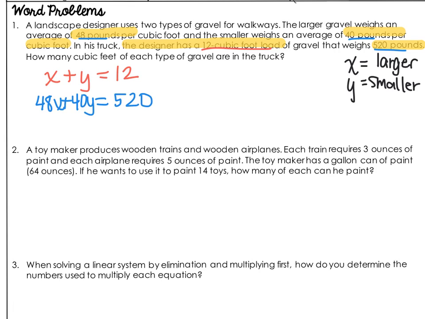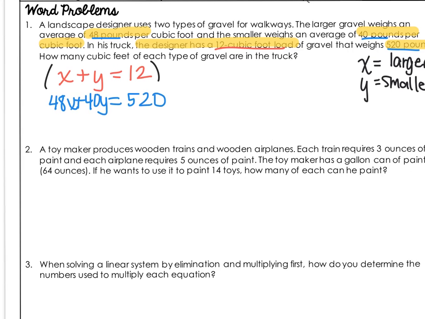Okay, so I can't eliminate unless I do some multiplying. So I'm going to choose to multiply the first equation by whatever is going to be easiest. My coefficient for x is 48, my coefficient for y is 40.